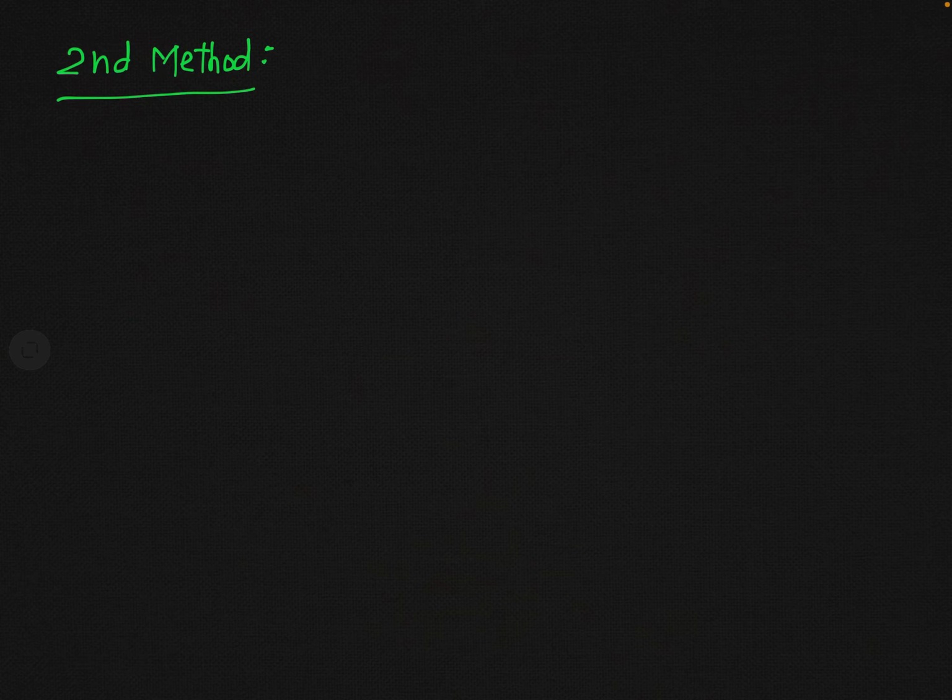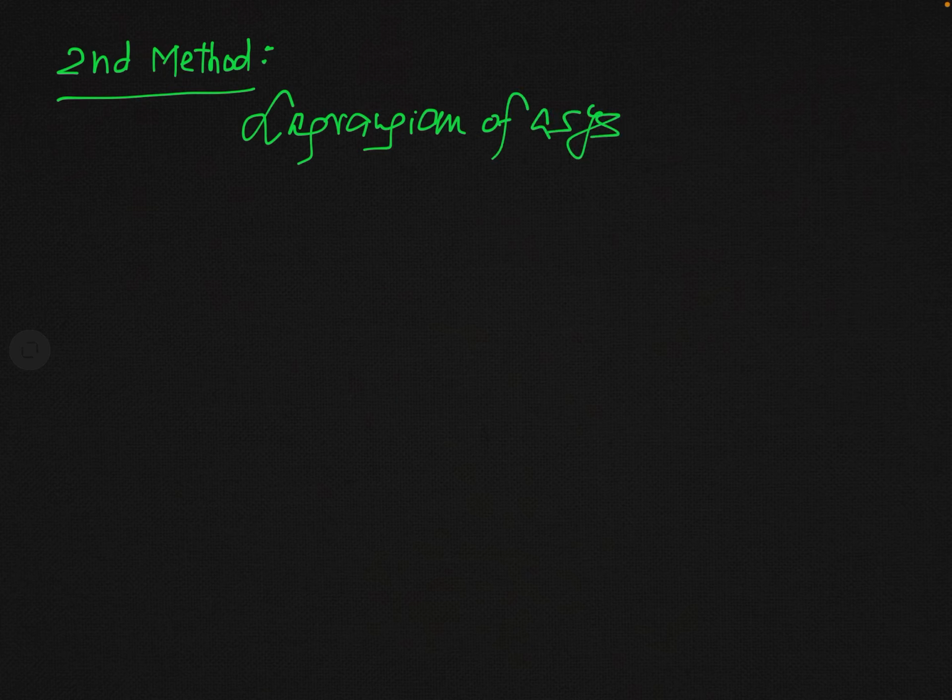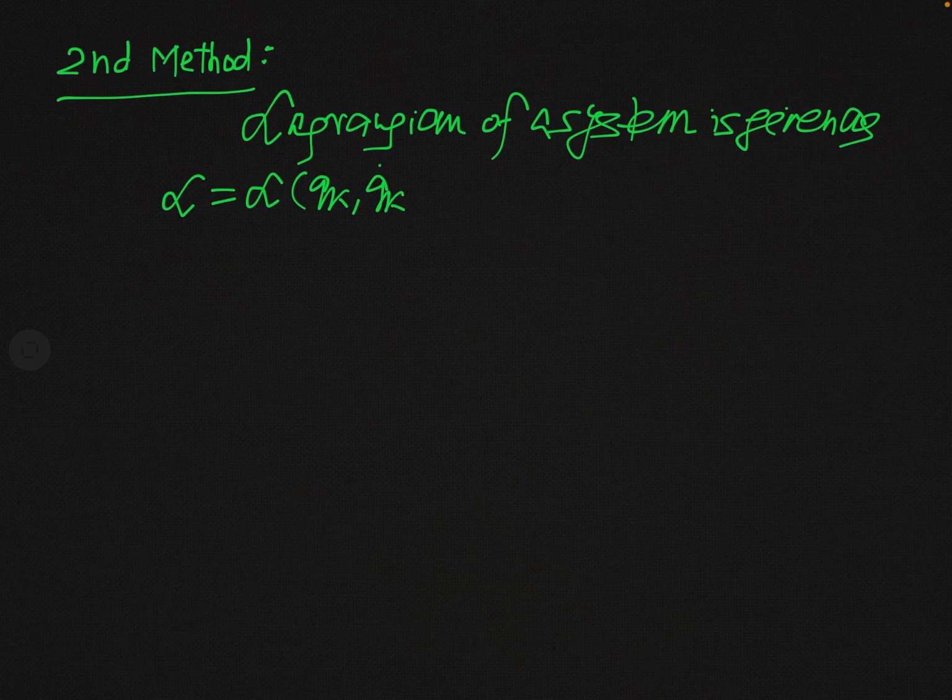So you can write the Lagrangian of a system as L equal to L of qk, q̇k and t.